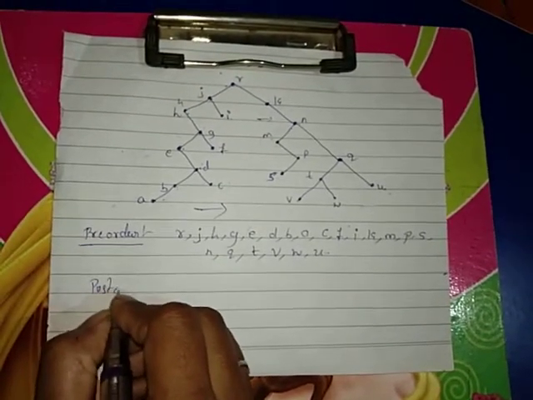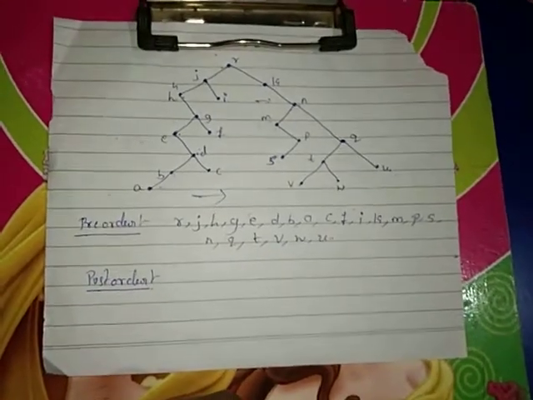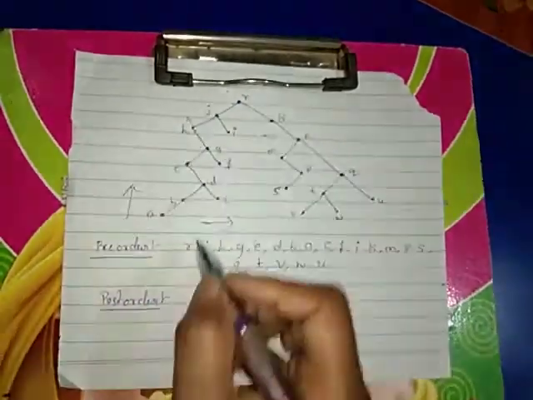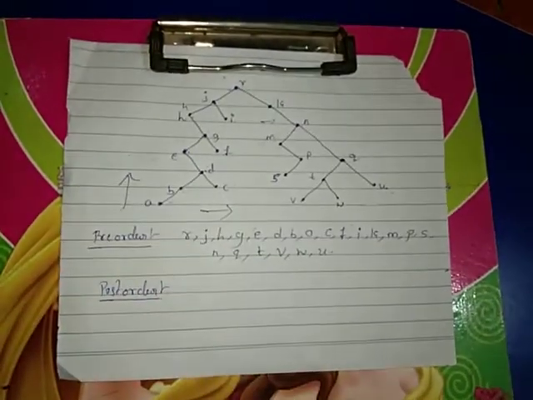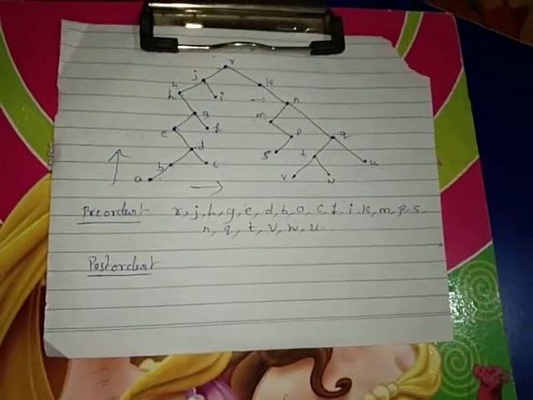Now post order traversal. Post order traversal means we move downwards, down to up. So the lowest means leftmost descendant vertices.